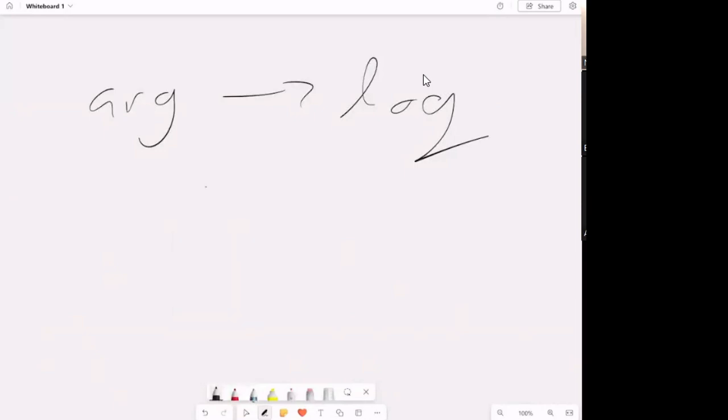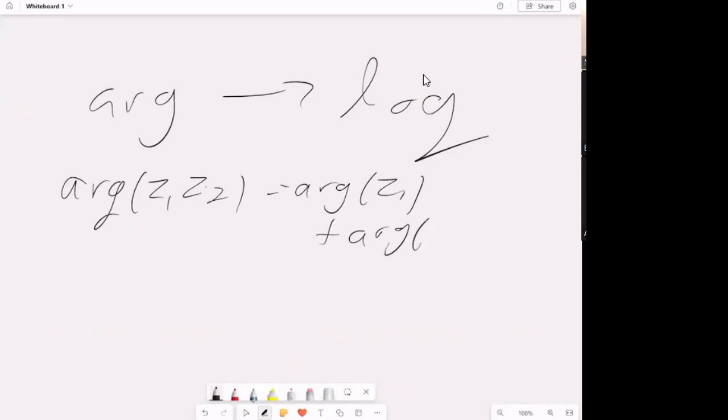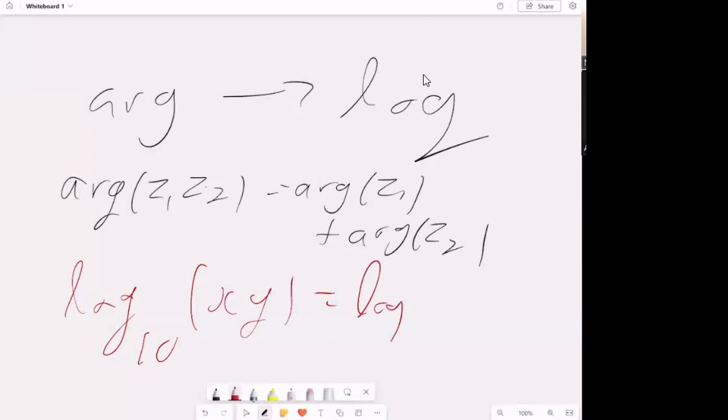So arguments work the same as logarithms. That's the intuition that we have. So the argument of z1 z2 equals the argument of z1 plus the argument of z2. This is similar to log. Let's just use log base 10, whatever. So log of xy equals log x plus log y.